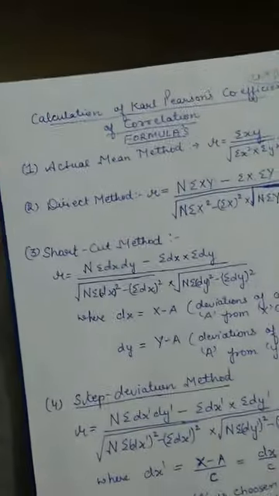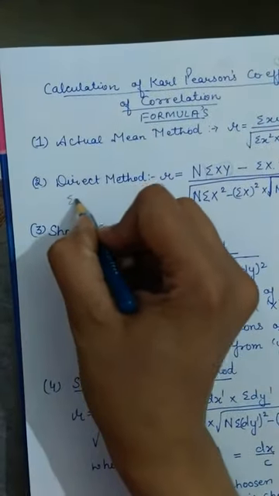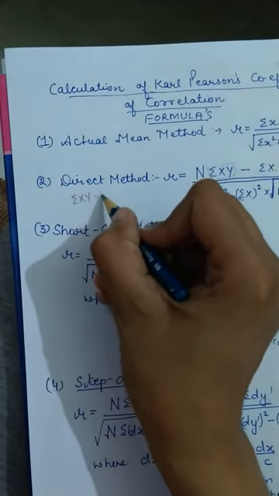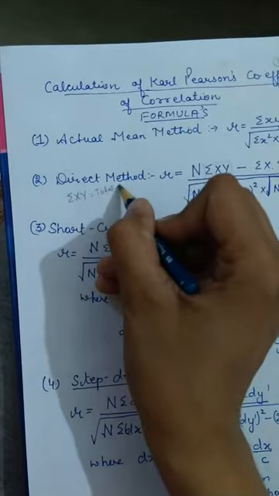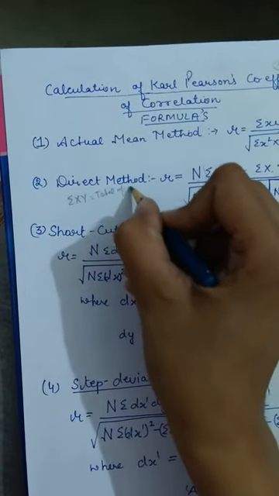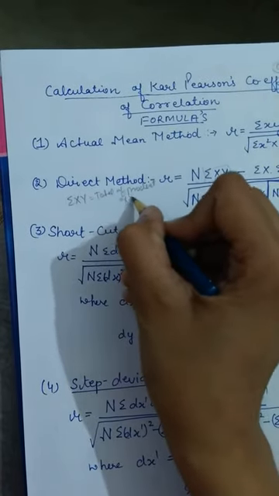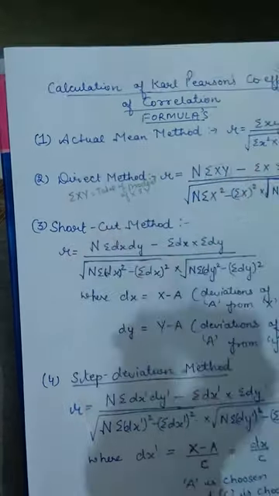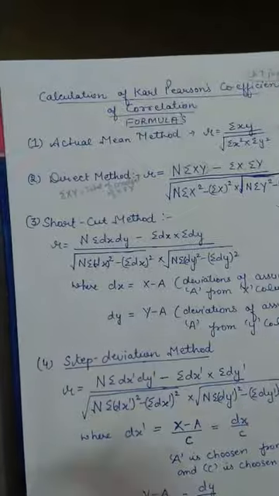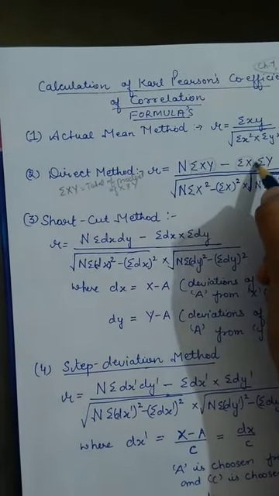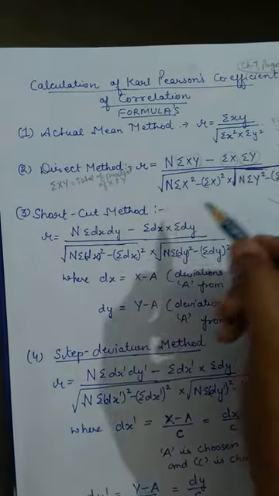So what we can say, what is your sigma xy? It is your total of product of x and y. Then this is your total of x column, this is your total of y column.